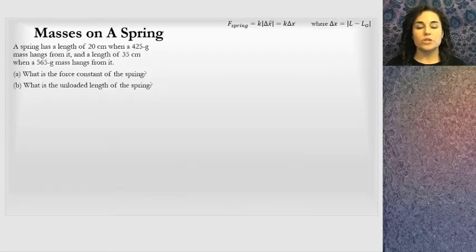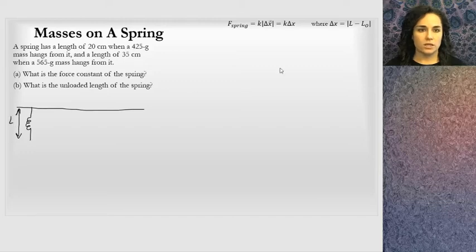The problem I've chosen is a pretty clever question, and it relates to the lab for this material. A spring has length 20 centimeters when a 425 gram mass hangs from it, and a length of 35 centimeters when a 565 gram mass hangs from it. So there's an original situation. There's a length of spring, and it has some original L naught, and that's what you see in the equation.